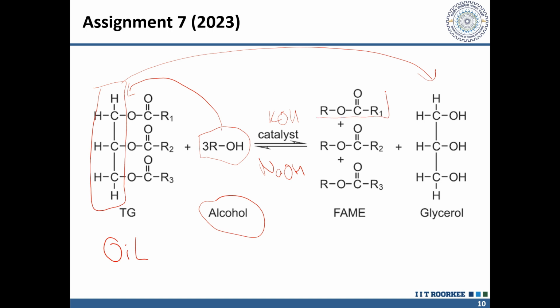Then we get these types of esters, which are fatty acid methyl esters, and this is known as biodiesel or biofuel. So we can get biodiesels from oil, or particularly triglycerides.